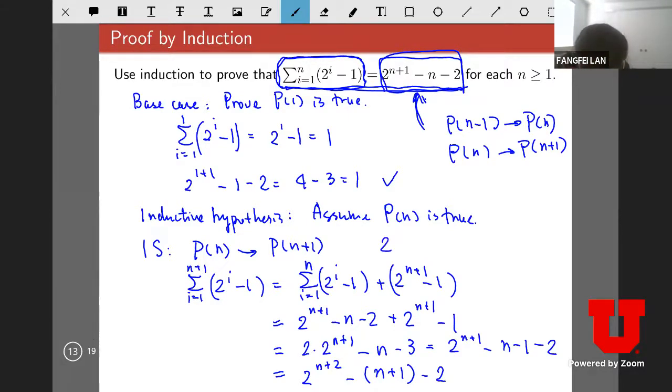In this case, what we want is 2 to the n plus 2 minus n plus 1 minus 2. So when you get to where you want to go, you know that it is exactly what you wanted in the first place. It's a good idea to always write down what you're looking for, and then put it in the form that is your goal at the end.